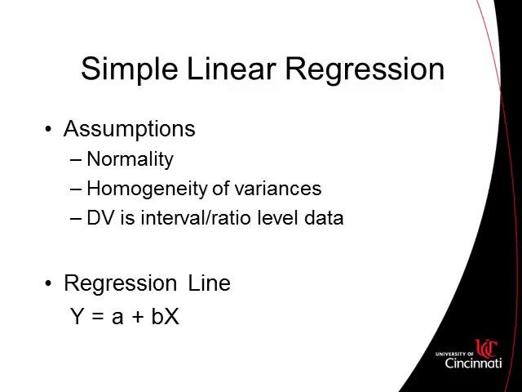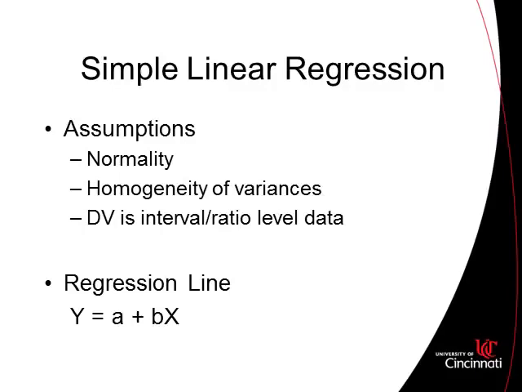A simple linear regression has assumptions. It requires normality of data, homogeneity of variances, so remember that's where we use that Levene's test, and it requires that our dependent variable is on the interval or ratio level. And what it gives you in the output is a regression line. So this is going to take you back to old math classes.